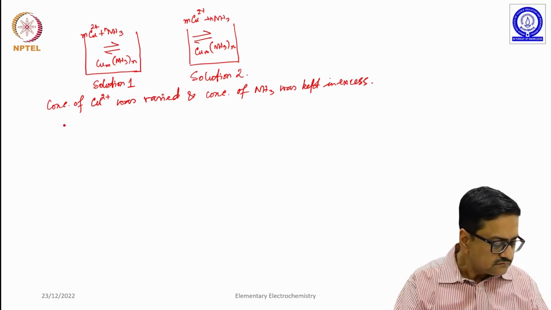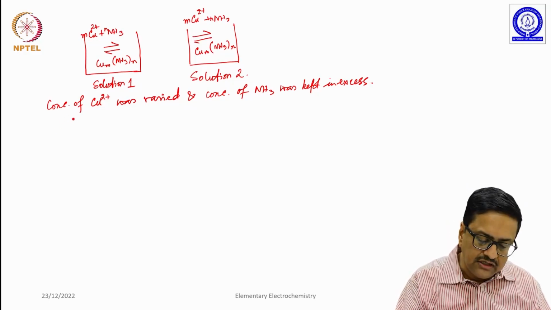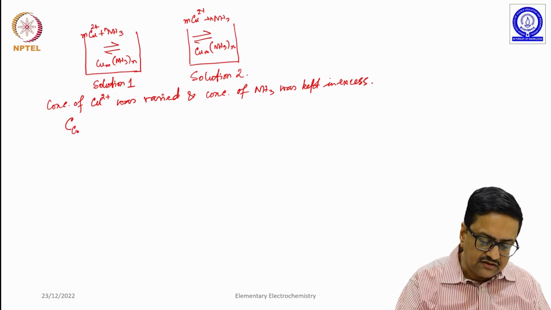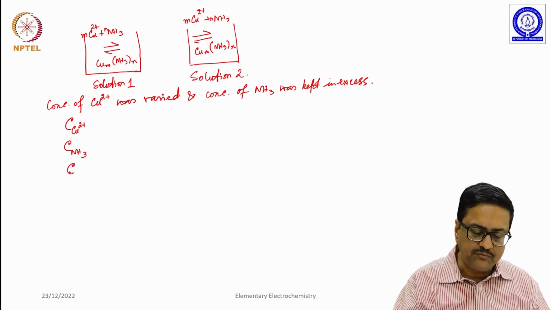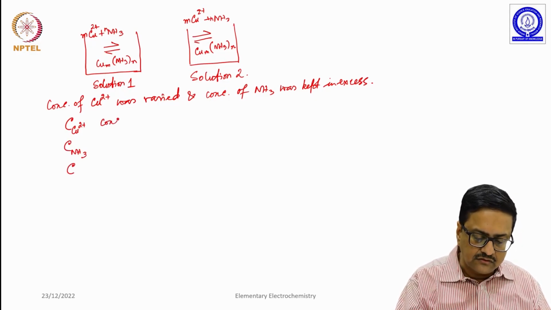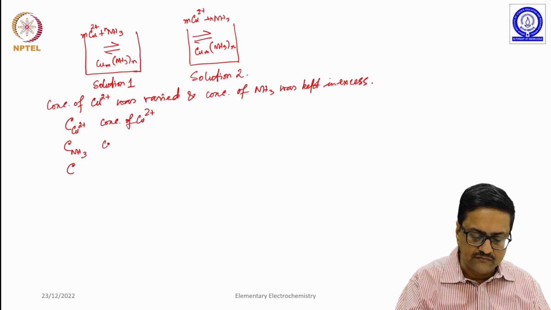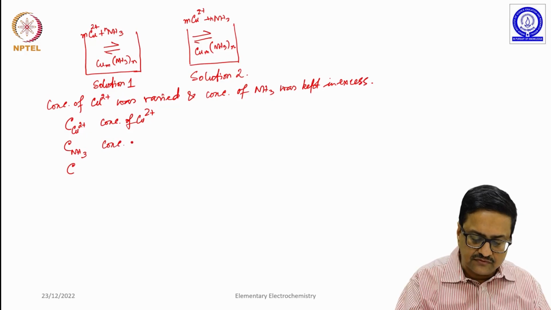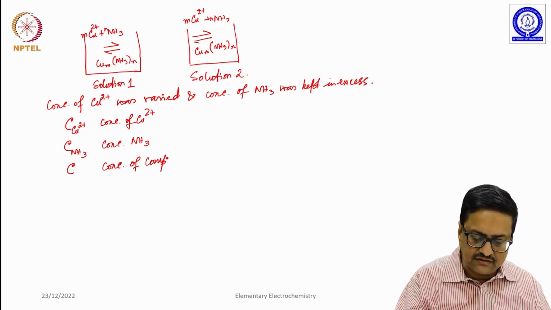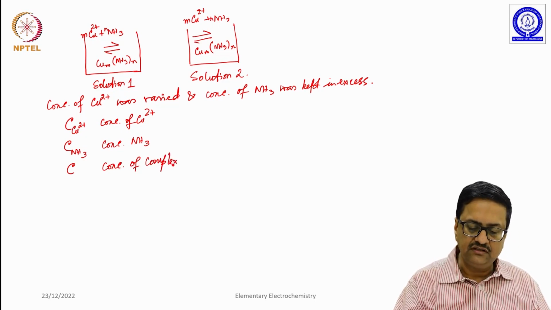So, let C Cu2 plus, C NH3 and simple C represent the concentration of Cu2 plus in solution 1, the concentration of ammonia in the first solution and the concentration of complex in the first solution.